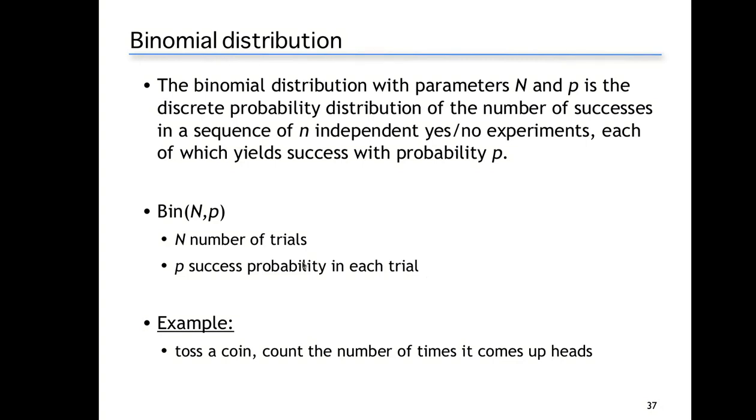A very basic example: we toss an unbiased coin, so p is equal to 0.5, and we count the number of times the toss comes up head.